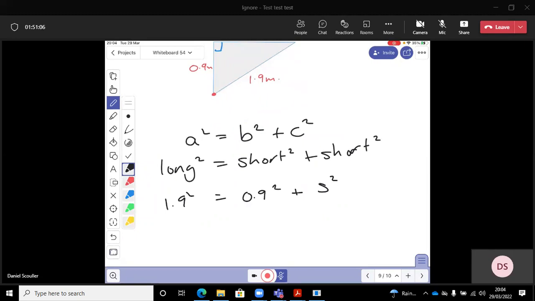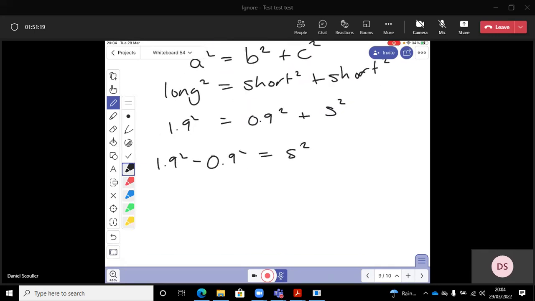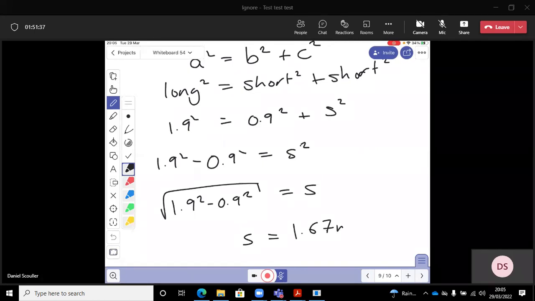Need to rearrange for S. Put that in your calculator. Should get S equals 1.67 meters.